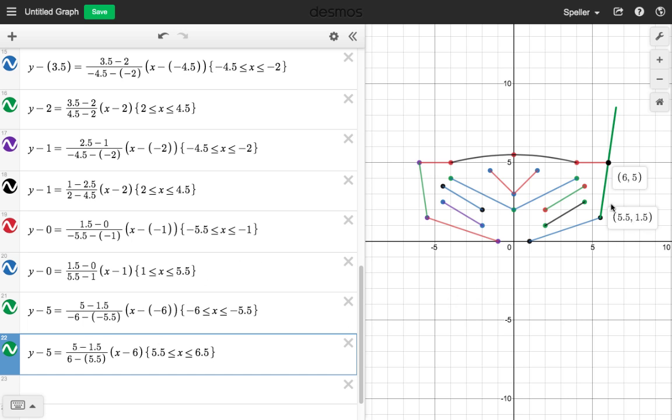And then difference of the x values, 6 minus 5.5. The point that I want to use, let's use 5, 6. All right, what am I doing wrong here? I want to go from 5.5 to 6, not 6.5. All right, there we go.